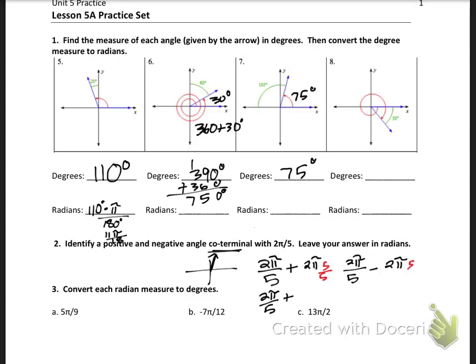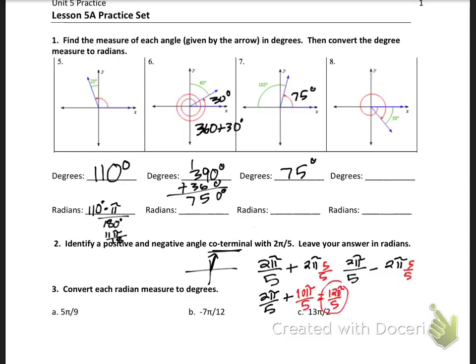Then you can add these two together. 10 pi over 5 is the same thing as 2 pi. And so you'd get 12 pi over 5. So just get a common denominator with your 2 pi to whatever you're adding. And then you can get your results. Remember when you add like terms, you don't change the denominator, so it's over fifths still.